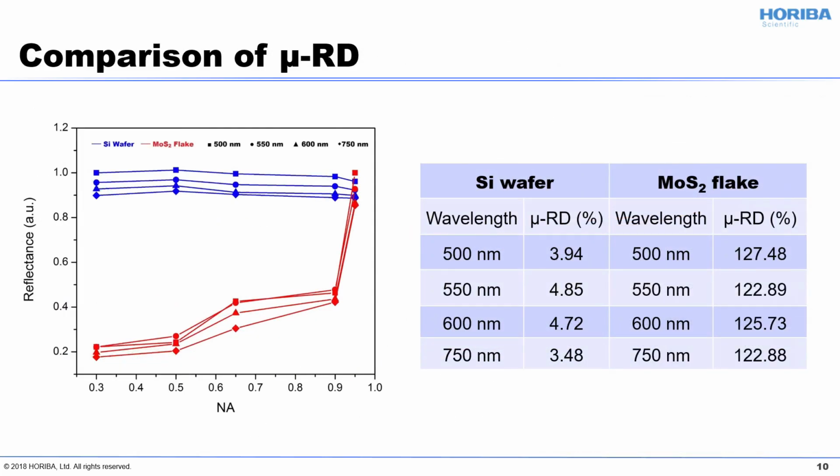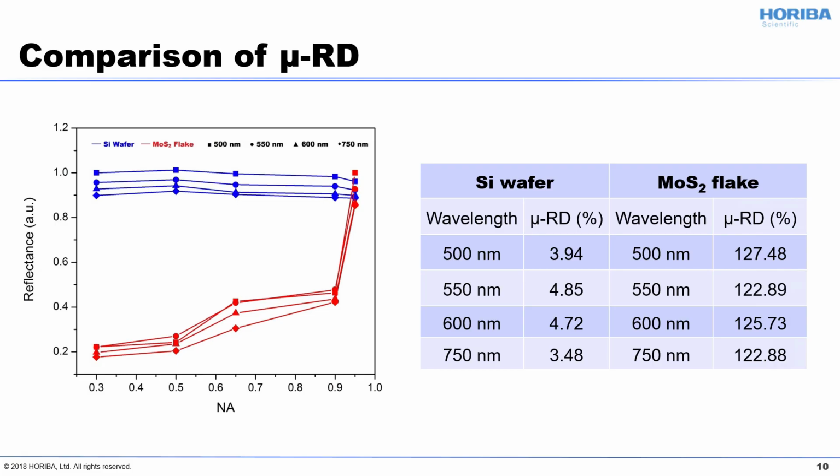So we compare the micro reflection difference between the two samples. On the silicon sample surface, the micro reflection difference ideally should be 0. Here it is around 4. It's accepted because it's under the uncertainty of the experimental condition.